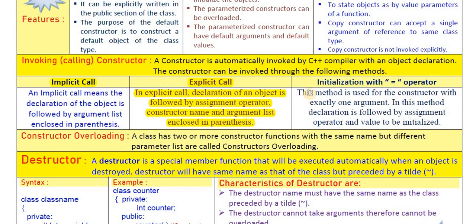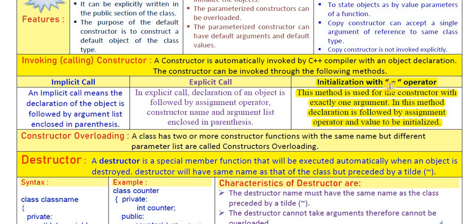The last type is initialization with the equal to operator. This is the third method. This method is used for a constructor with exactly one argument. In this method, the declaration is followed by the assignment operator and the value to be initialized. Okay, this equal to operator method will work only with the type of constructor which uses only one argument.